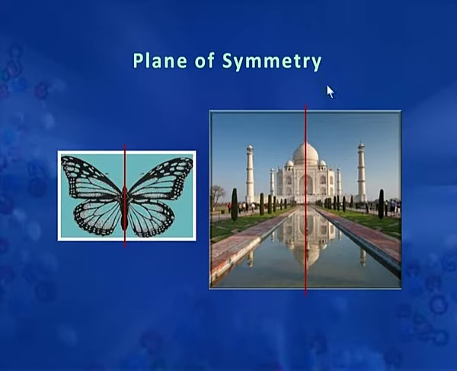So these lines which have been drawn here in red color, if we put a mirror here, we will find that one half of this monument will be the mirror image of the other half, or one half of this butterfly's body will be exactly the mirror image of the other half. There are many other objects also which contain a plane of symmetry.